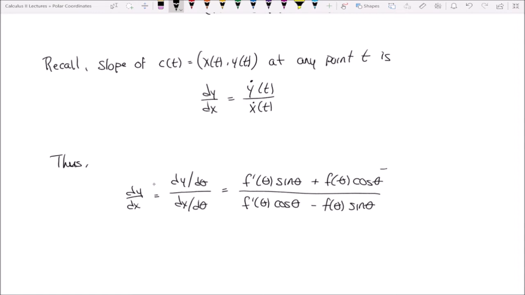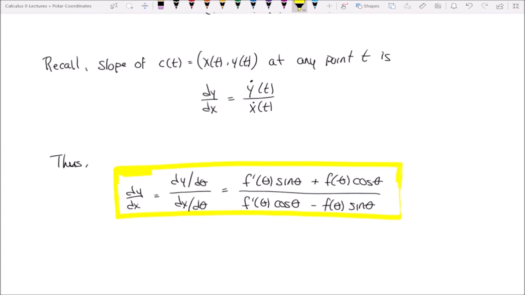So this formula right here gives us the slope of a polar curve. In other words, it gives us dy dx for a curve that is described by a polar equation r equals f of theta.